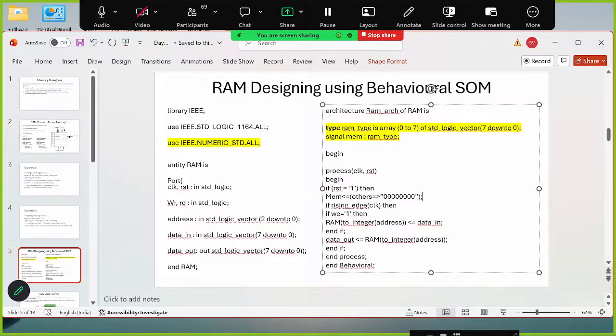Else if this is not true, then else if: either you can use rising underscore edge, which is also a positive edge triggered clock example, or you can write what we were doing in the previous classes also. You can write if clock equal to 1 and clock tick event. You can choose any keyword or any attribute.